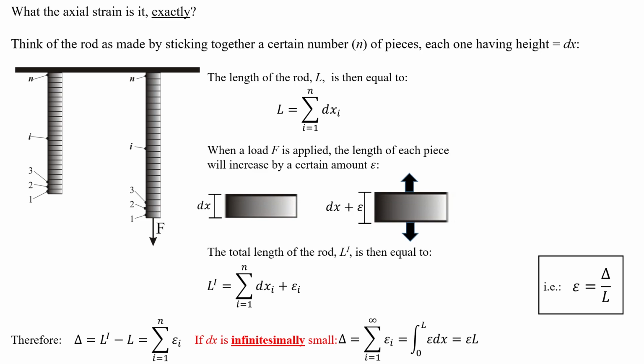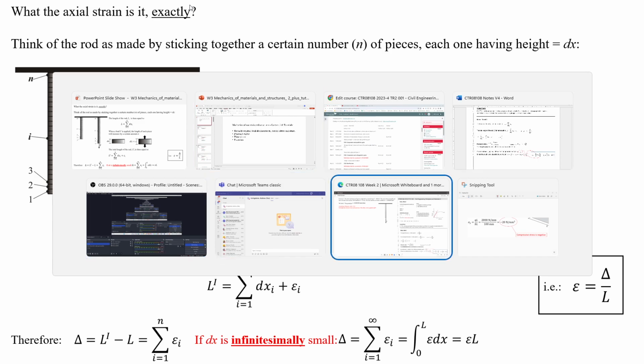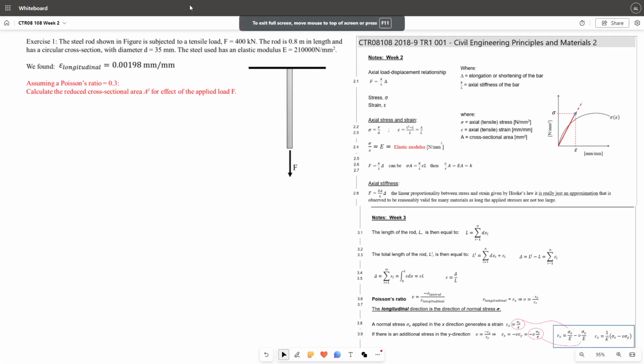But yeah, it's simply that there. That's the thing that you want to remember. Strain equals delta divided by L. Whilst I'm on that, let's go here for a second. I showed you this last week. I need to do this a lot.